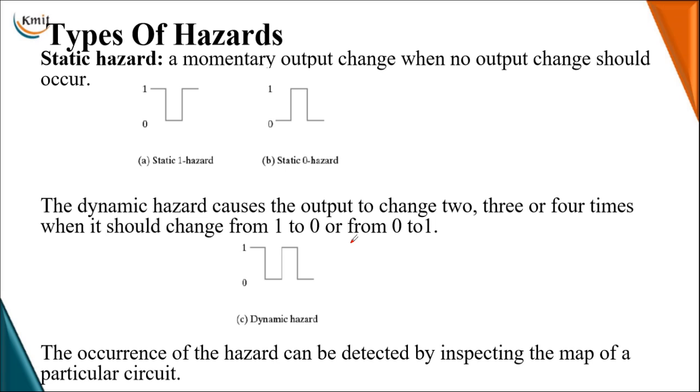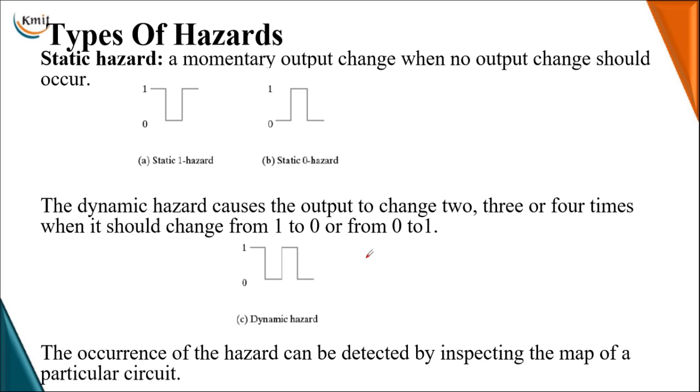If the output changes like this more than two times, it comes under dynamic hazard. These occurrences of hazards are detected by using the mapping method.